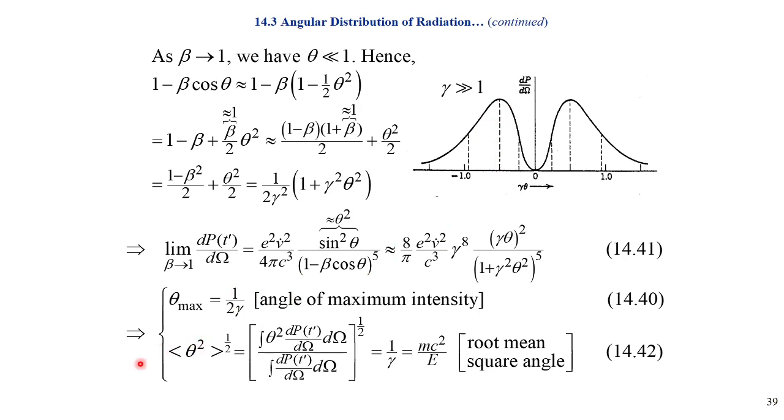Theta square averaged, one over the Riemann square angle, will be equal to 1 over gamma. Okay, so this page is not very difficult, but it will help you understand what's going on.